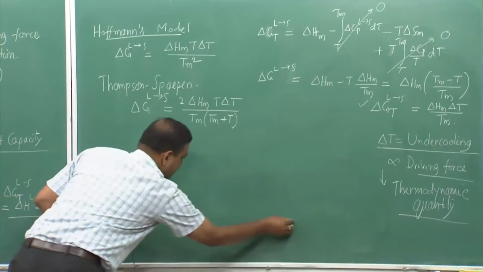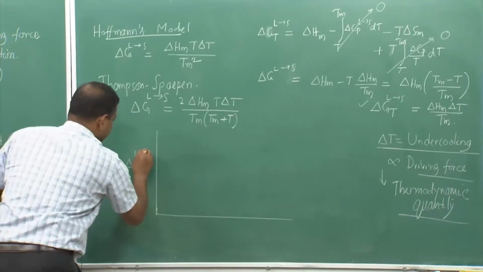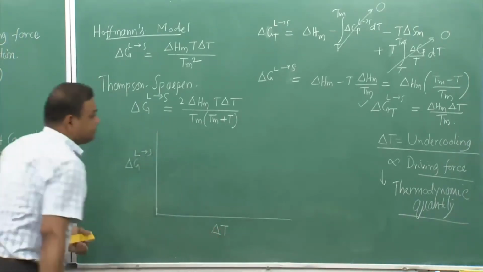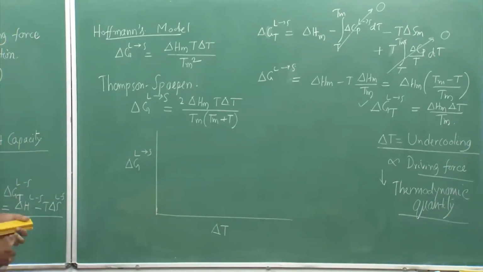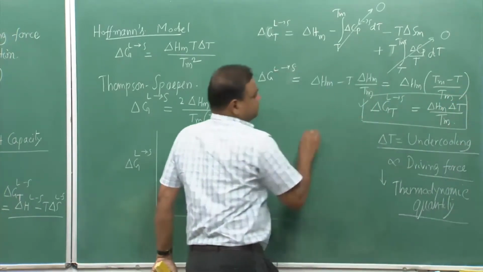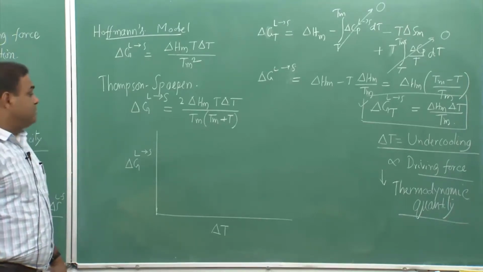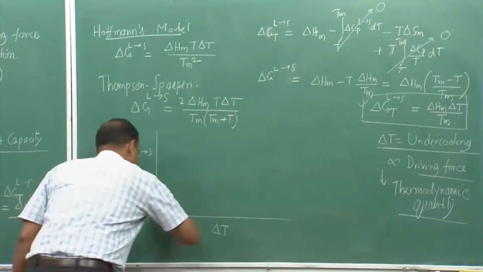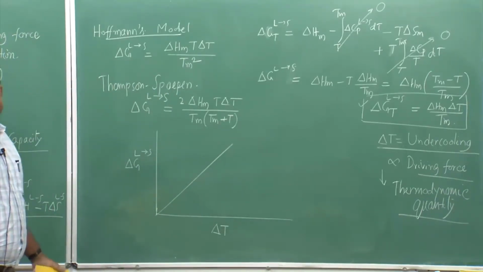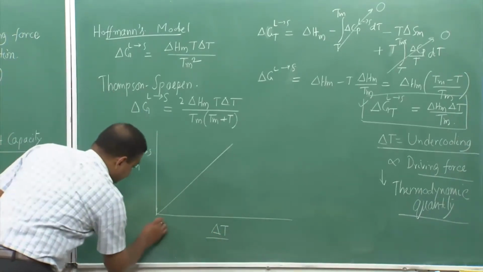I would get a plot where this is del G liquid to solid and this is del T, if I plot as a function of del T. Since del Hm and Tm are both constant for a particular metal, I would get a straight line as a function of del T, which is a straight line equation. And here del T is 0.